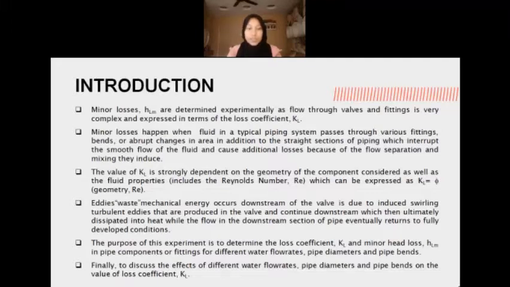Eddies waste mechanical energy downstream of the valve due to induced swirling turbulent eddies that are produced in the valve and continue downstream, which then ultimately dissipated into heat, while the flow in the downstream section of pipe eventually returns to fully developed conditions.